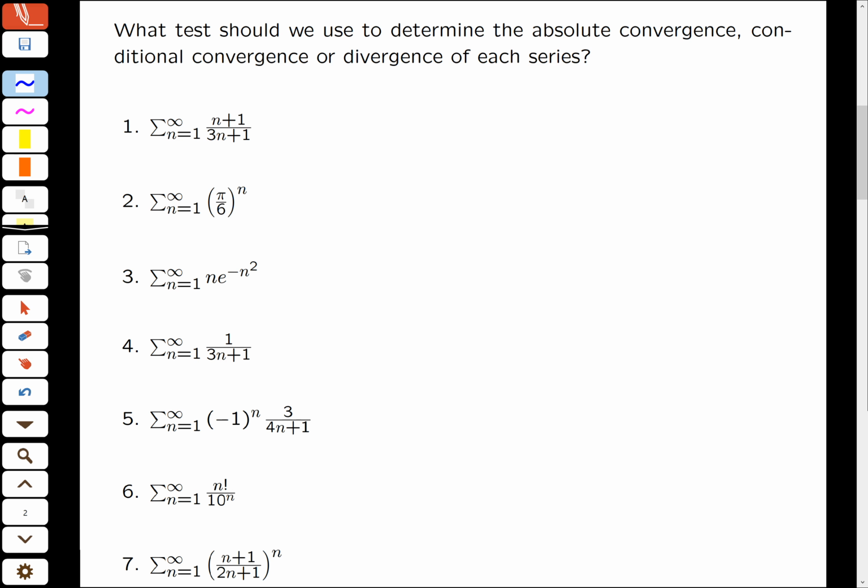You know the limit's not going to be 0. What do we think that limit's going to be for the part inside the summation? 1/3. So that tells you immediately you should try an nth term test for this one.